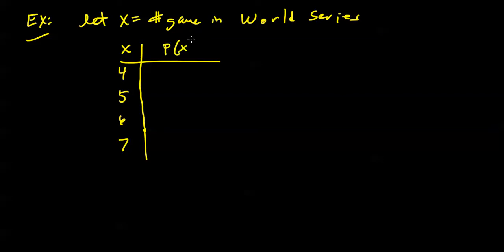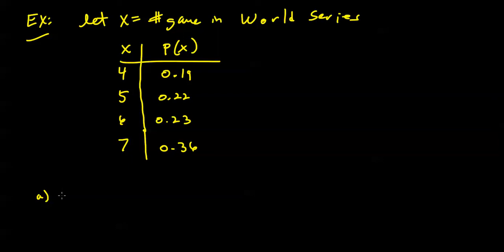Now looking at past history, we can see the probabilities of each of these cases. The probability that a World Series lasted 4 games was 0.19. The probability that a World Series lasted 5 games was 0.22, etc.